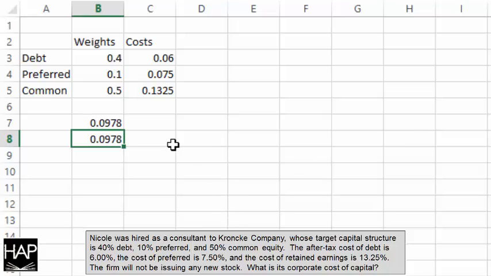It's important to note that we can only do this when I'm given the after-tax cost of debt. Otherwise, I would have to account for the cost of debt by multiplying the rate of debt by 1 minus the tax rate. So when using the sum product, it's important to make sure that whatever is in the array is the true cost that you're using and that you don't have to adjust it.